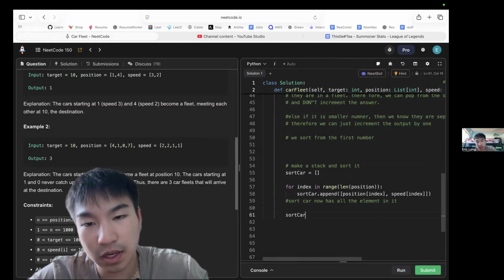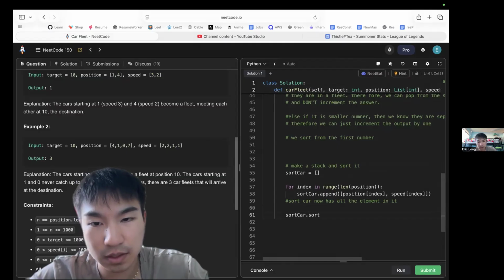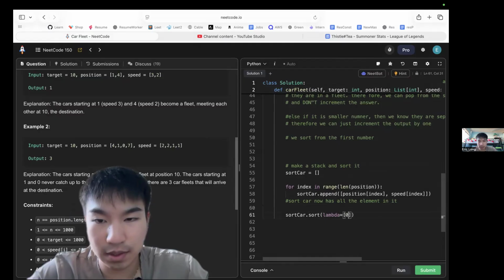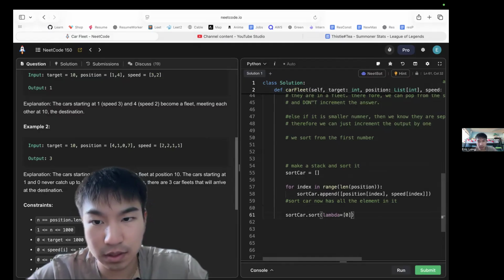Sort car dot sort by lambda equals, I think it's position 0 of sort car.